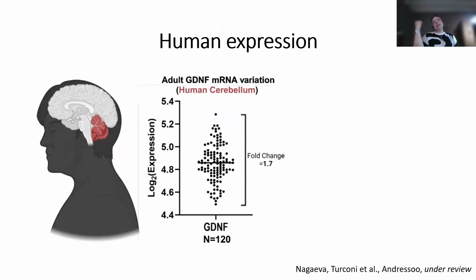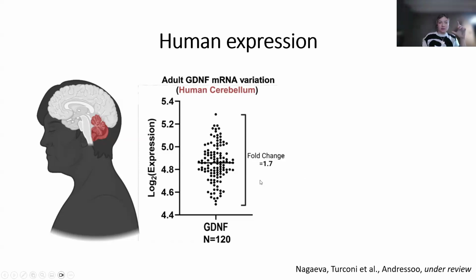We also tested the human expression of this molecule in the available data sets. This was an Affymetrix assay, and it includes 120 samples which had RNA integrity numbers higher than 5, and we estimated the log2 expression, as you can see here, and the fold change of GDNF.